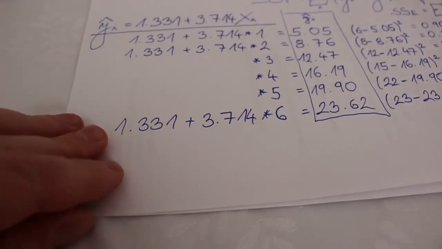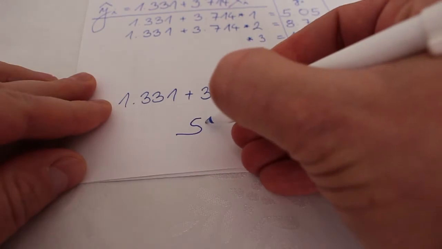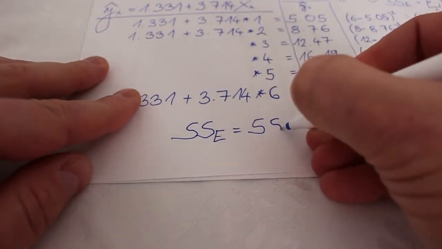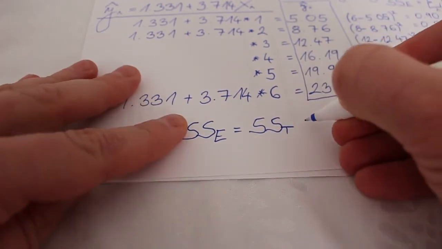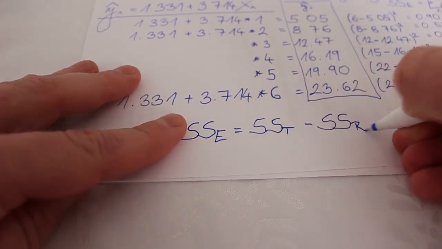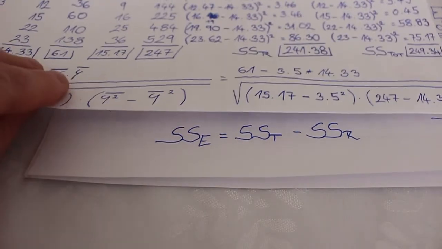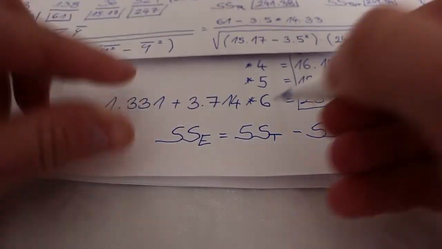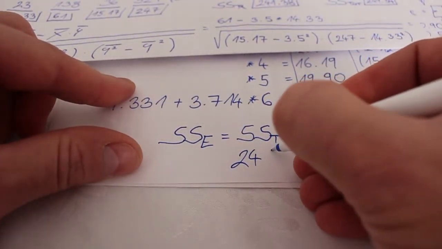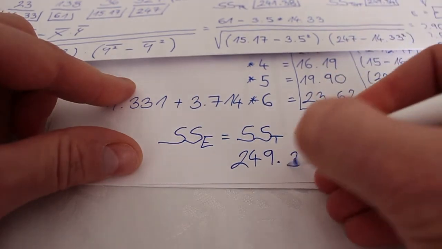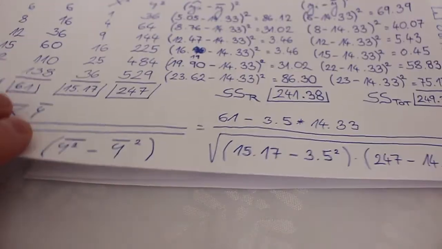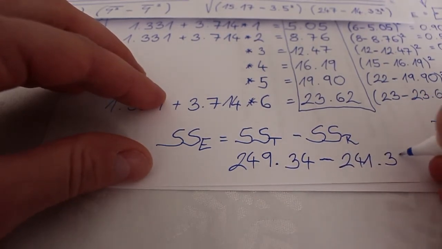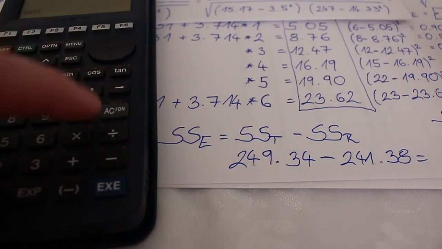The sum of squares error must be equal to the sum of squares total minus the sum of squares regression. According to our previous results, 249.34 minus 241.38. Okay, I will use the calculator.